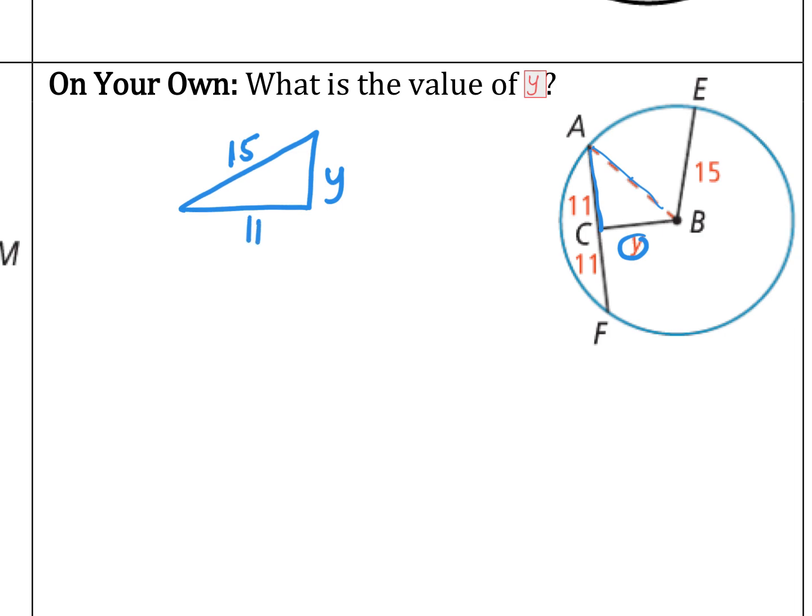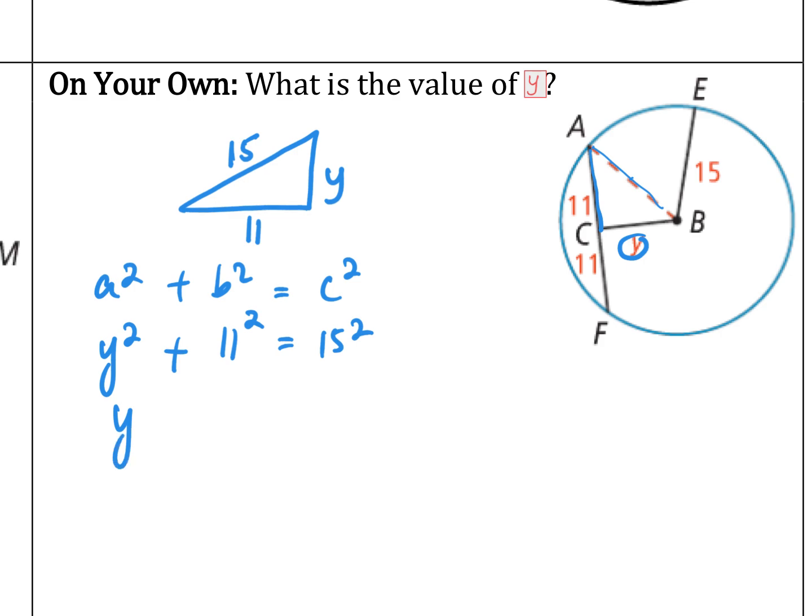So what is missing there is the a part. Okay, so I'm going to say a squared plus b squared is equal to c squared. So in this case, my a is the y squared. So I'm going to say y squared plus 11 squared is equal to 15 squared.